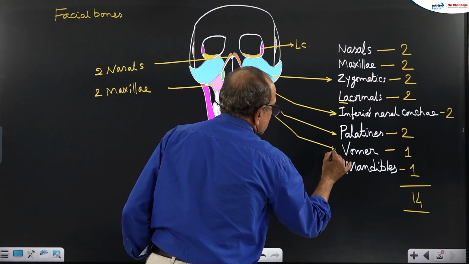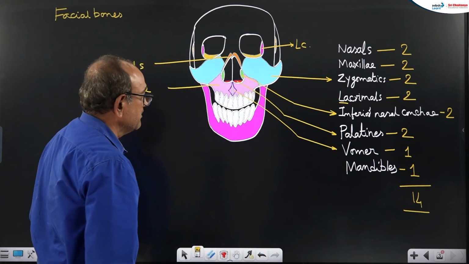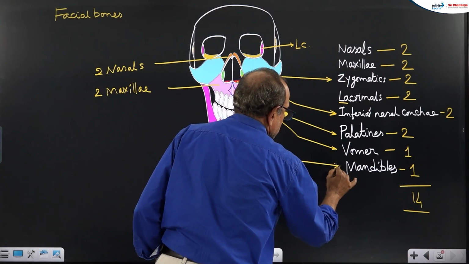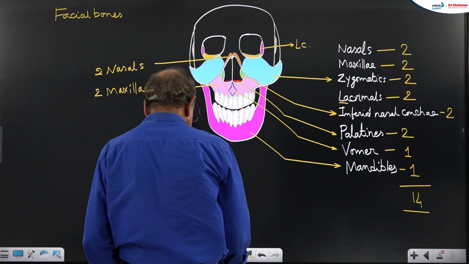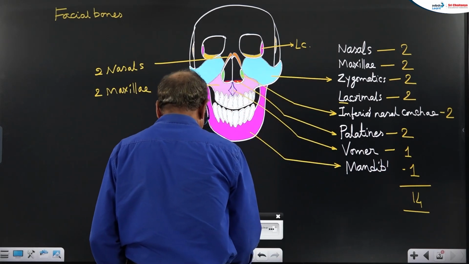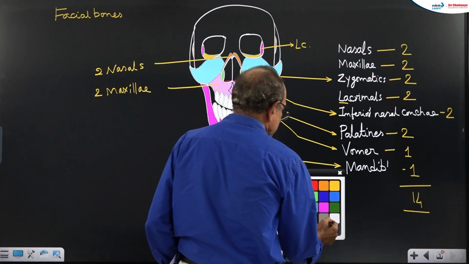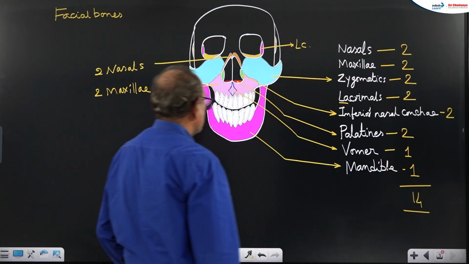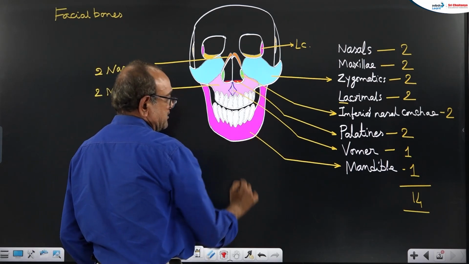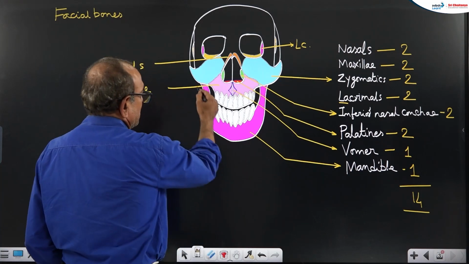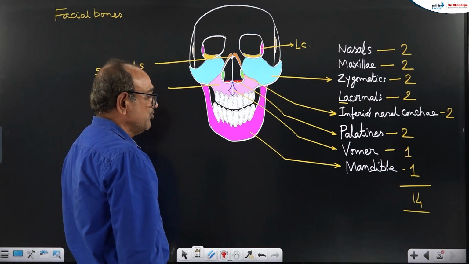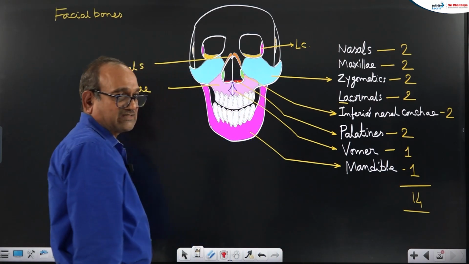And the largest movable skull bone, that is the mandible. A single mandible is there, and this is the longest movable bone of our skull. Only one bone. This mandible contains 16 alveoli to accommodate 16 teeth. So total 14 facial bones are there in our skull.